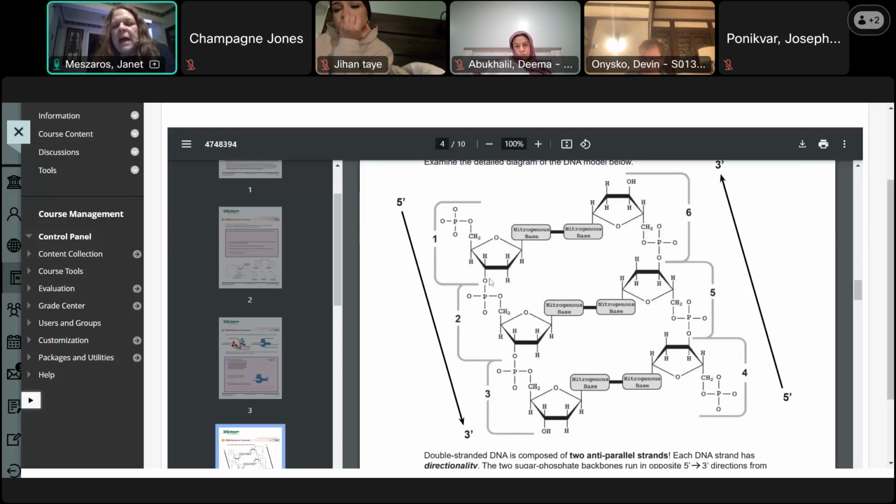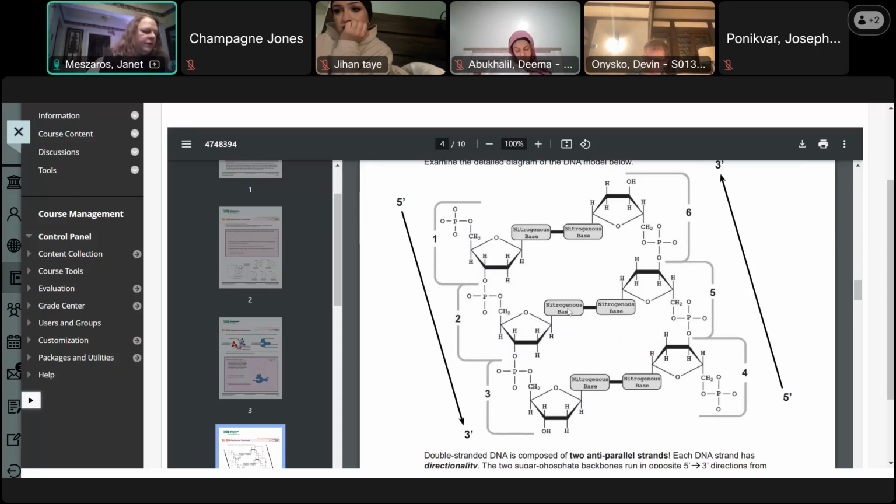They form a bond. 3', 5'. Where's the 3' carbon? Right here from the first nucleotide. Where's the 5' carbon from the second nucleotide? Right here. This is the 5' phosphate with the 3' hydroxyl. They form a phosphodiester bond. You don't have to know the name of that bond, but they join, and now they are linked together.